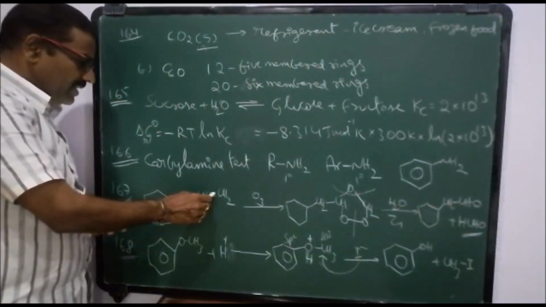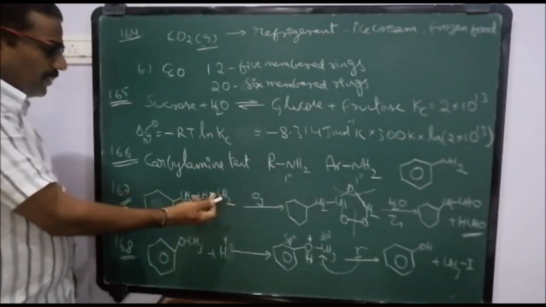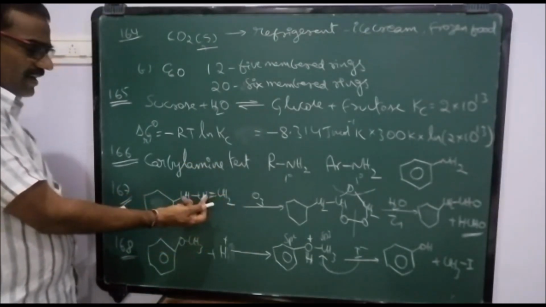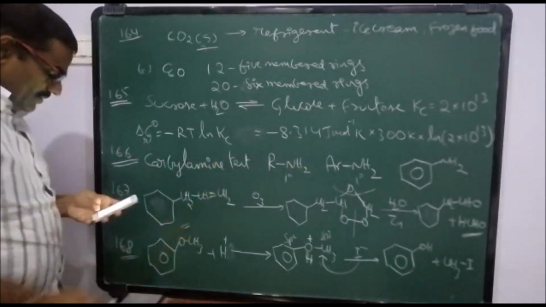Simply, wherever the double bond is present, by cleaving the double bond, it is enough to place double bonded oxygen here and here. Then you get formaldehyde. So the answer is this compound.